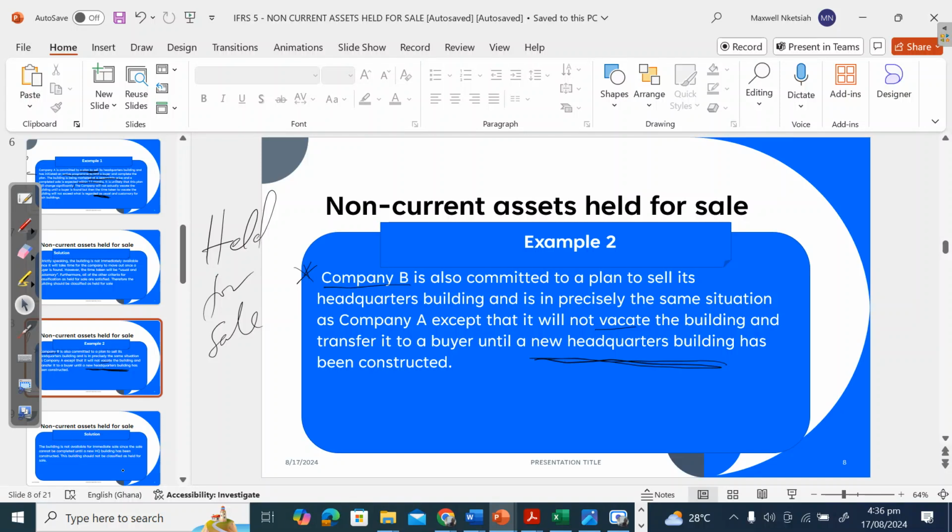Okay, in this case, no, because this asset is not ready for immediate sale. If a buyer comes right now, they cannot move because they are saying that they need to build a new headquarters building before they will move out. So it means they are not ready to sell it.